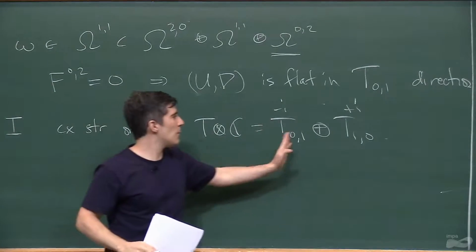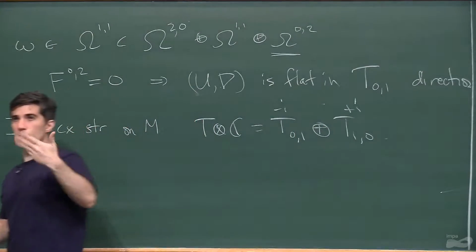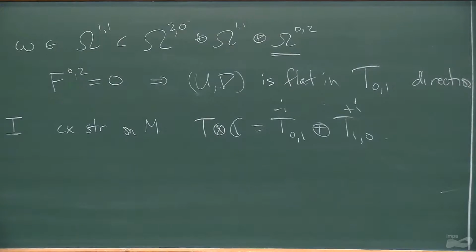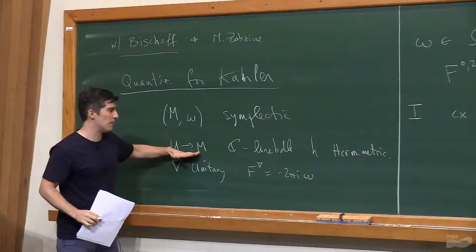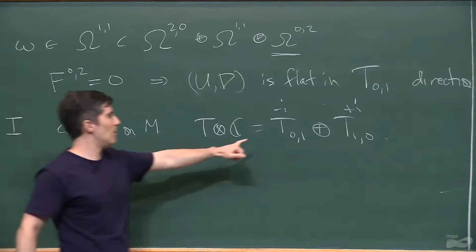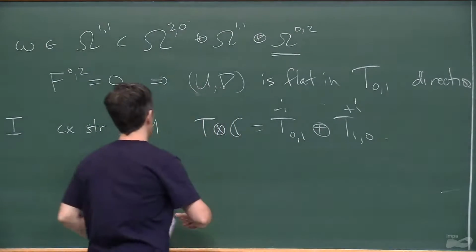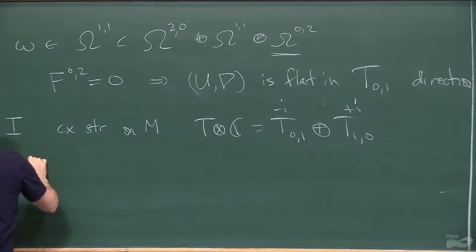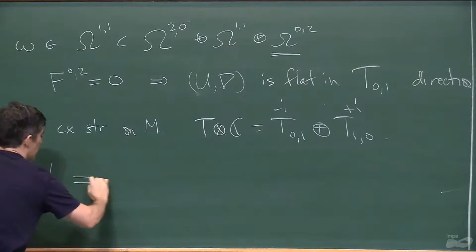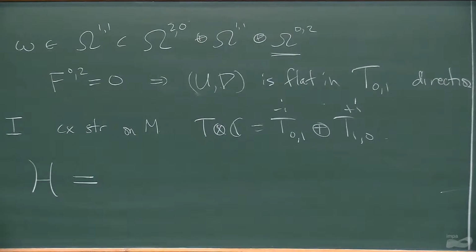And these are the two directions that I can use to analyze the curvature. And so this thing is not flat, but it is flat in the holomorphic or the anti-holomorphic direction. And so it makes sense to obtain now a vector space of flat sections.